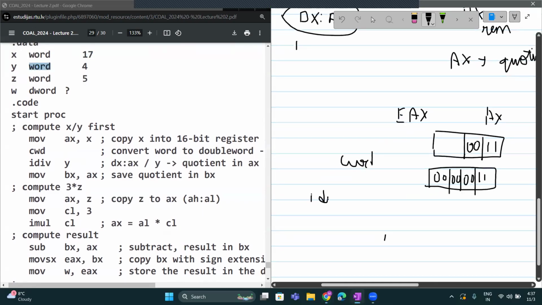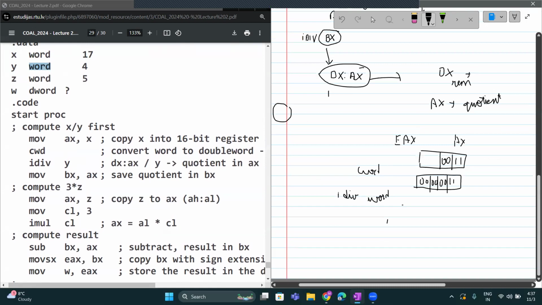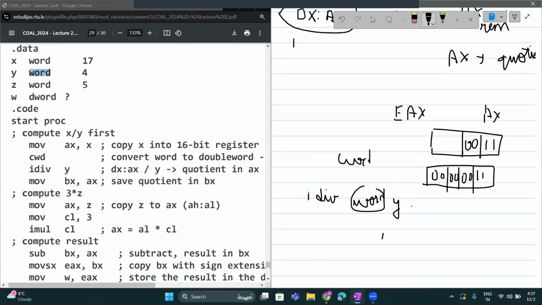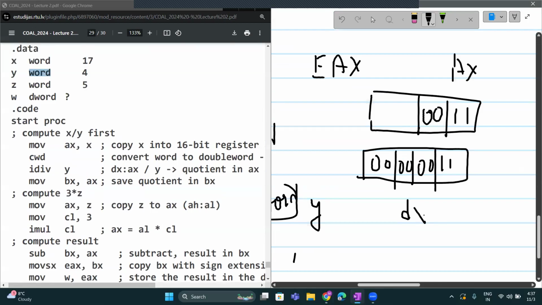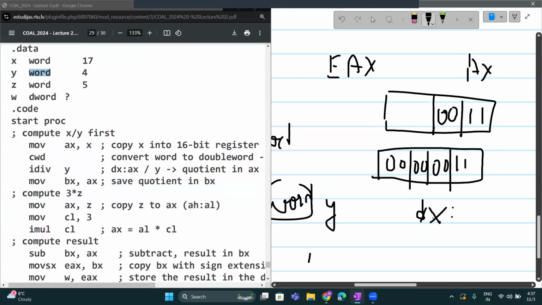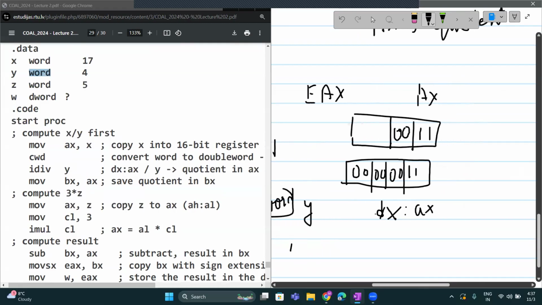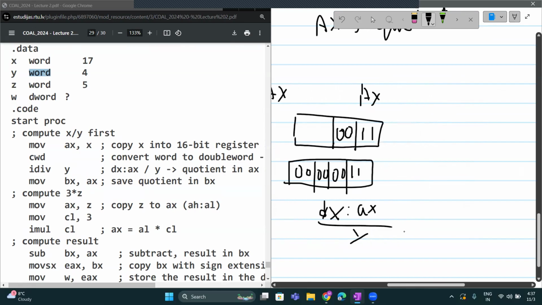So the word is divided by the similar type, or actually double the size, so DX:AX divided by y.